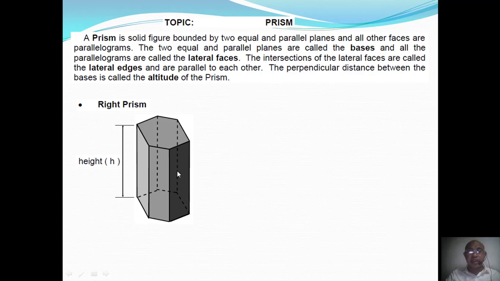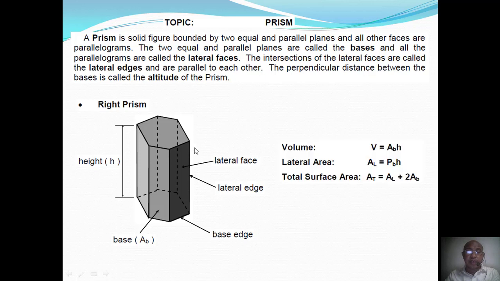Or in this case, we have a right prism, so these are rectangles. The intersection of the lateral faces is an edge. So we have the base edge, the lateral face, and then we have a vertex.